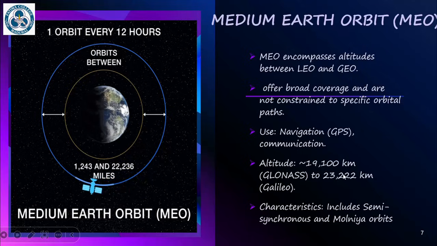This slide notes examples of navigation constellations. GLONASS operates around 19,100 km, while Galileo is around 23,222 km. So when you use GPS like services, navigation, mapping, location tracking, the satellites enabling that are commonly in MEO.